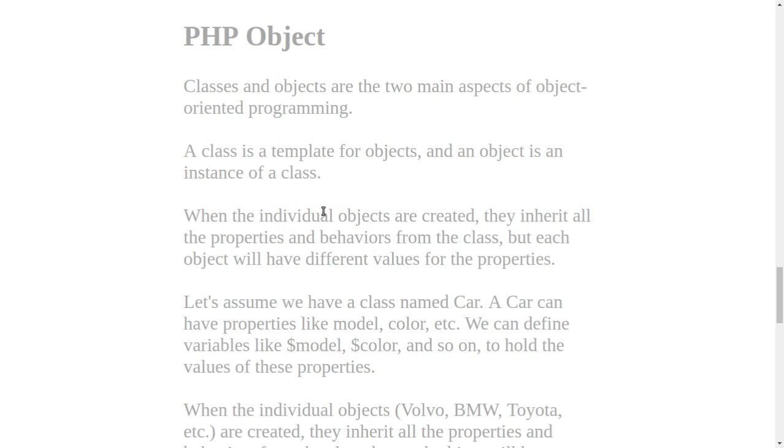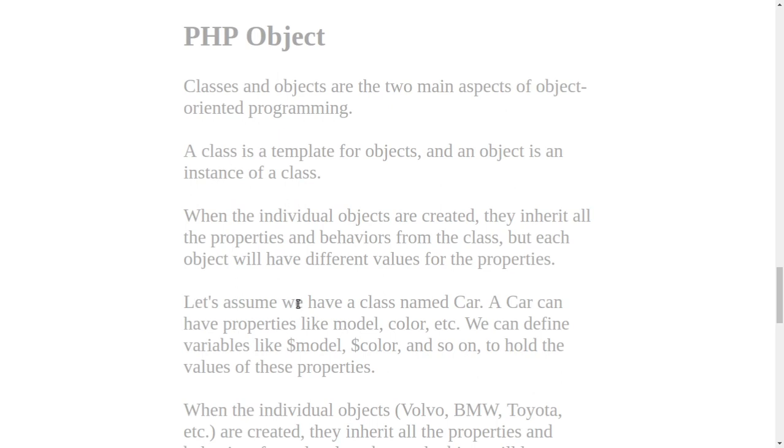When individual objects are created, they inherit all the properties and behaviors from the class, but each object will have different values for the properties.